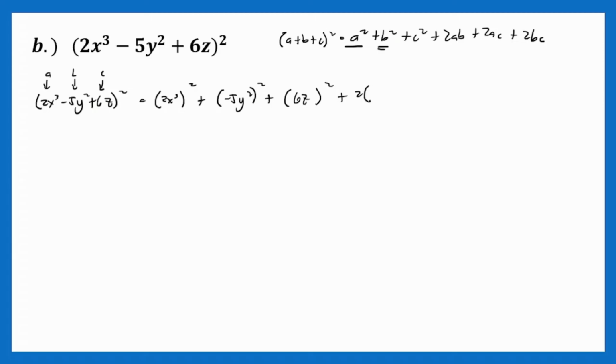Plus, 2, ano ang A natin? 2x cubed. Ano ang B natin? Negative 5y squared. Plus, 2 times 2x cubed times 6z. Sundan nyo lang to. Alright.